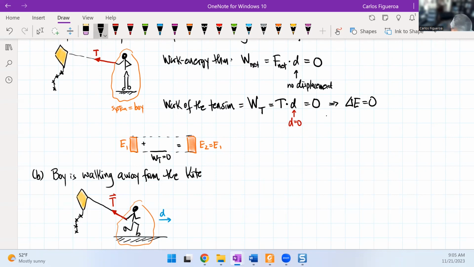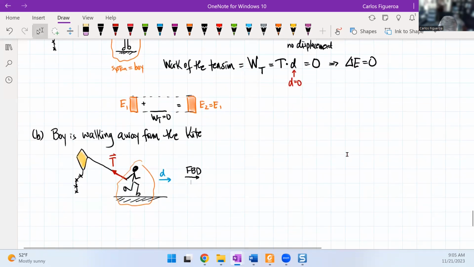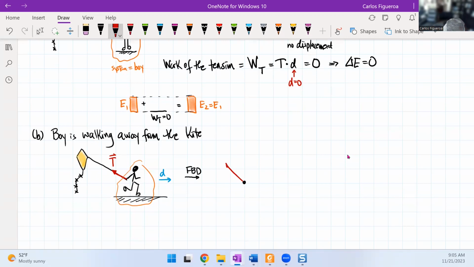So then if I look at a free body diagram, I could show that in this situation, I do have a force that moves in this direction, which then means I can break this into components like this.